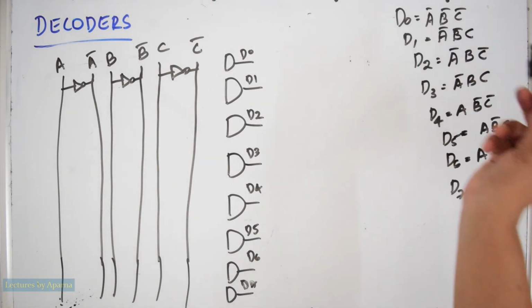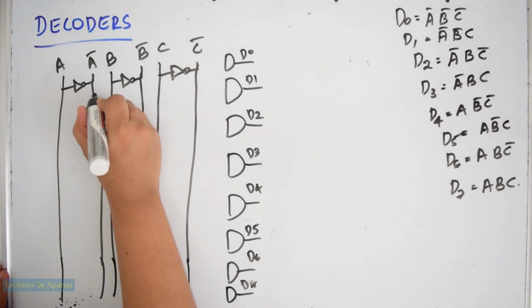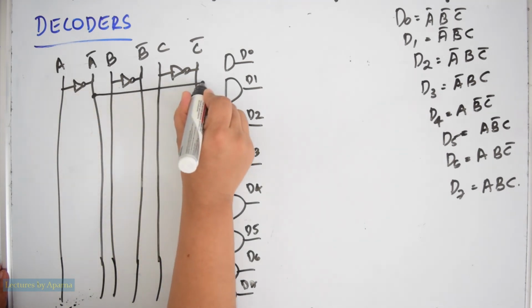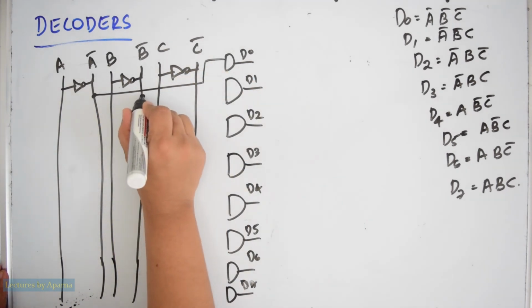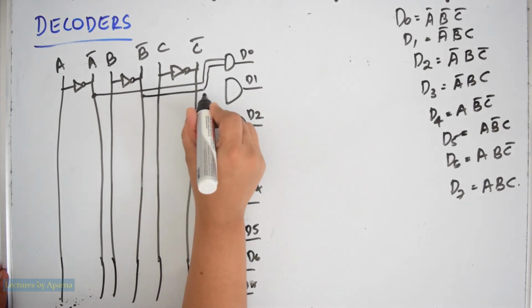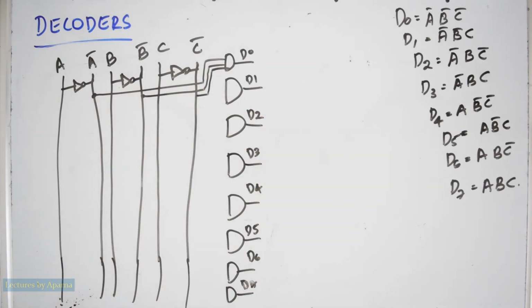D0 is A bar, B bar, C bar. So I will give this A bar, B bar and C bar to D0.